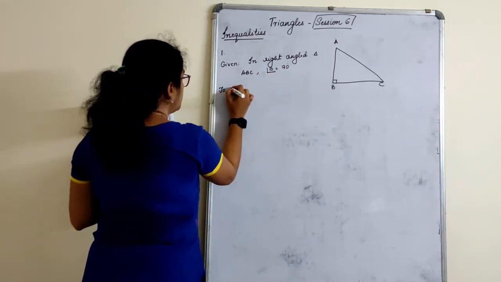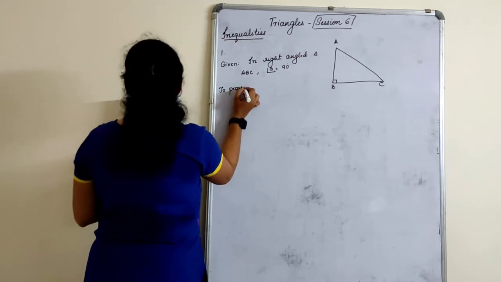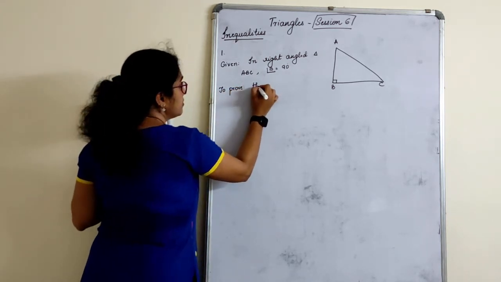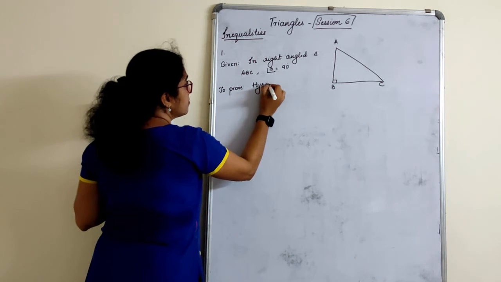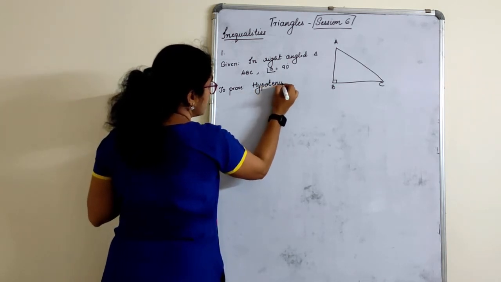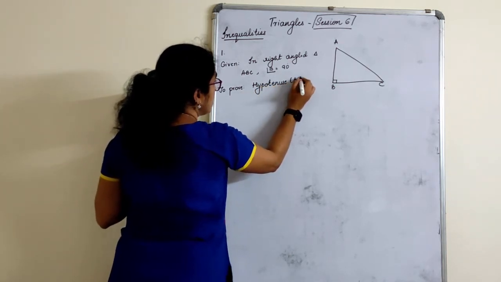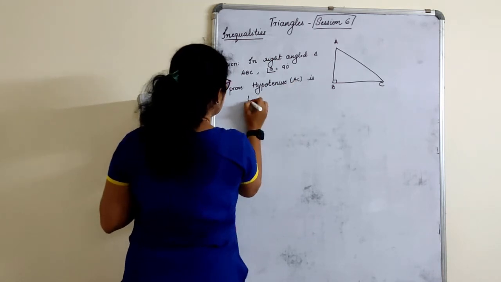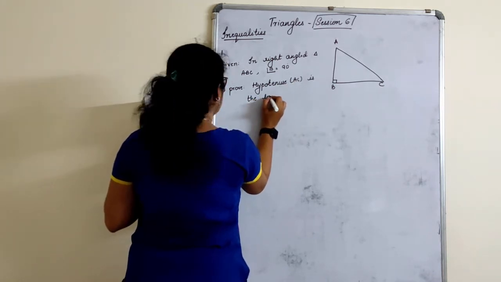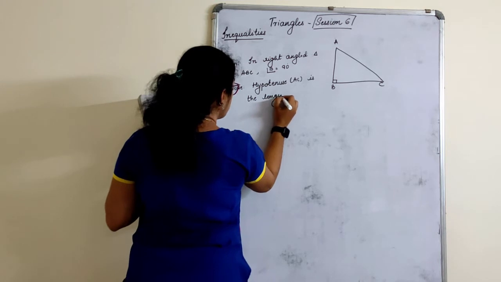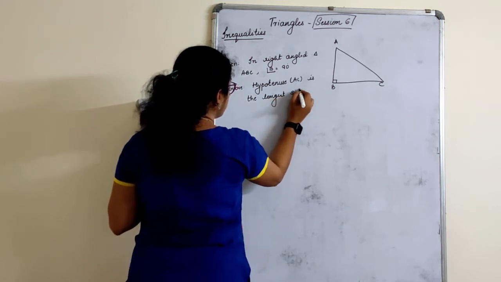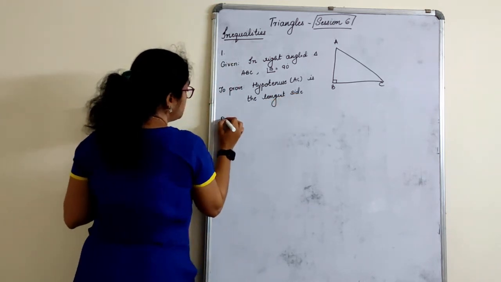What we have to prove: the hypotenuse, that is AC, is the longest side. Proof.